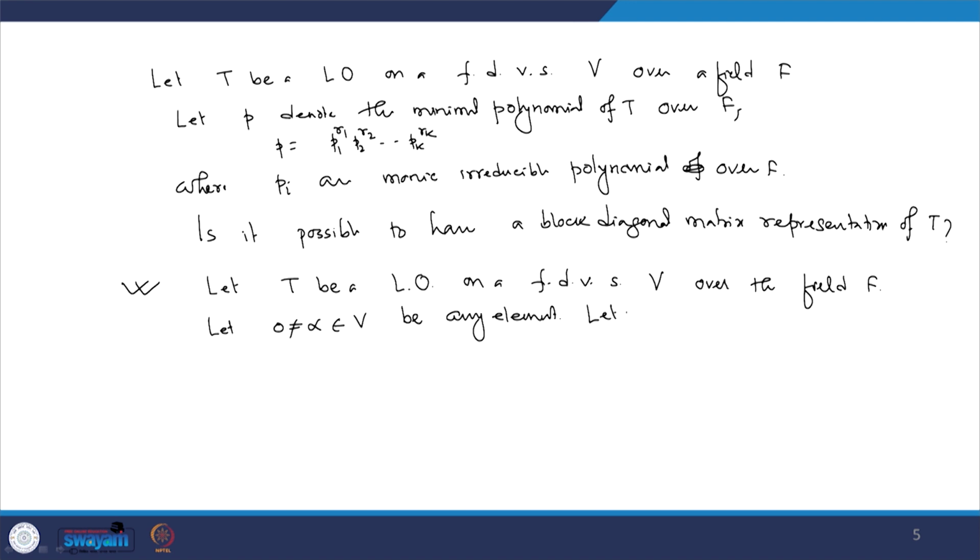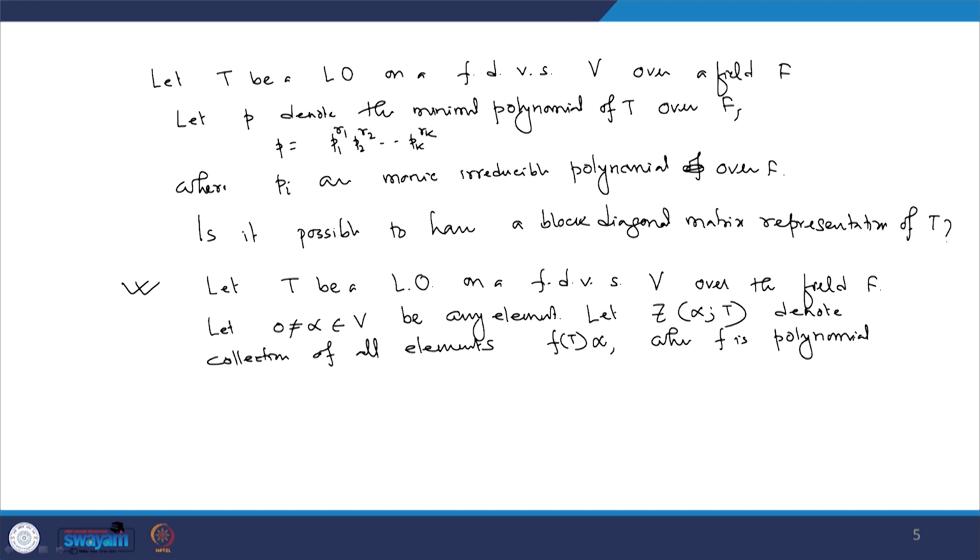Let Z(alpha, T) denote the collection of all elements like f(T) alpha, where f is a polynomial function over the field F.